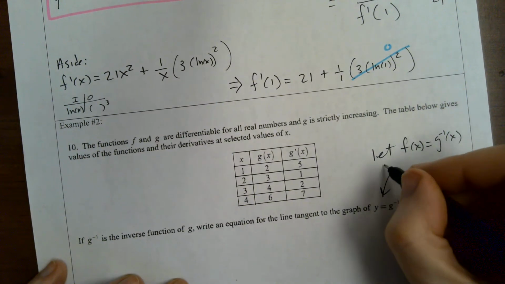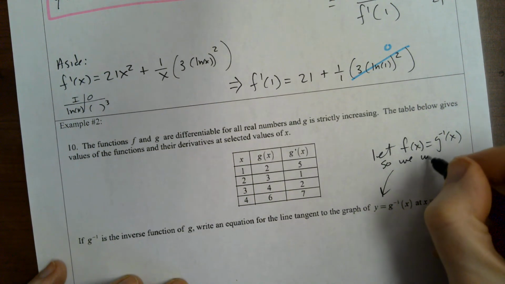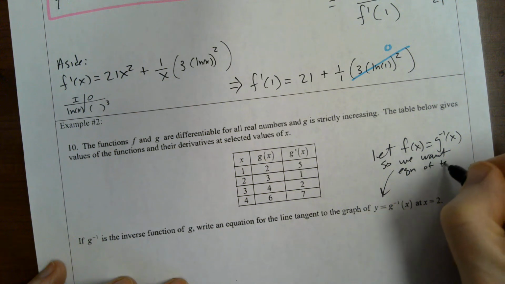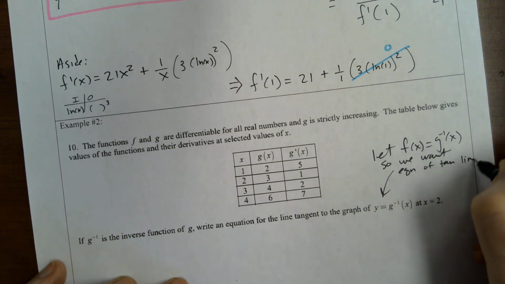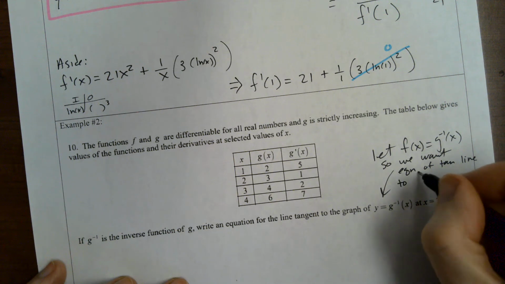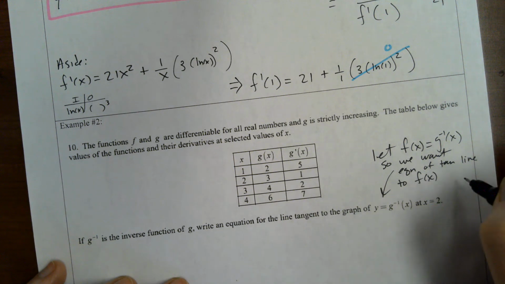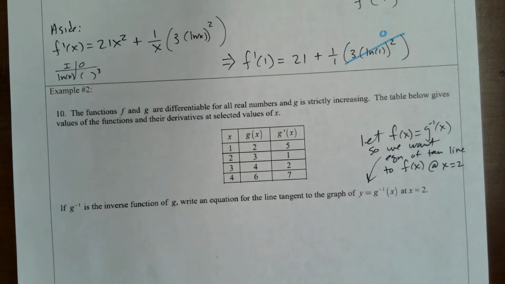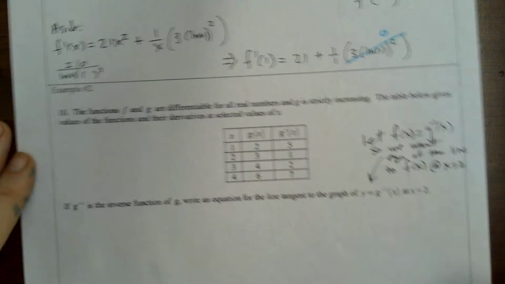So we want the equation of the tangent line to f of x at x equals 2. All right, so we're just switching notation so it's easier to work with.